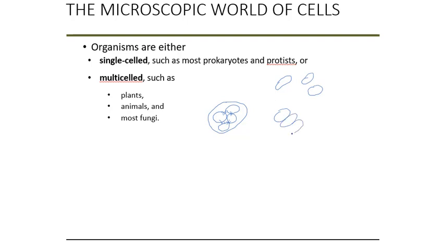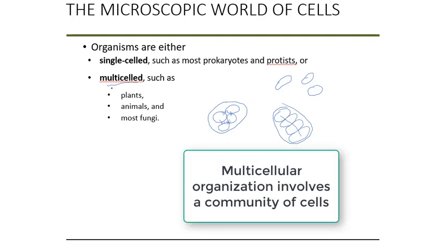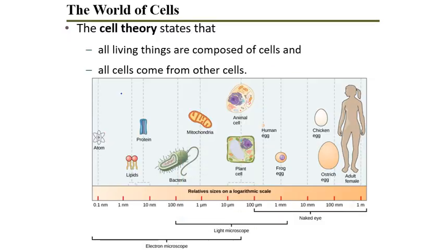As you can see here, I'm showing many cells that are connected with one another, and they form this bigger substructure, and this is seen in multicellular organisms. Cell theory says a few things, and it says that all living things are composed of cells.